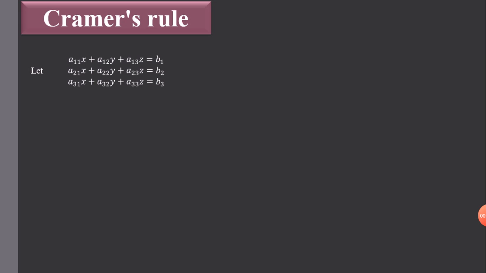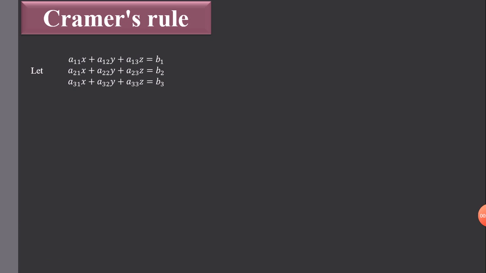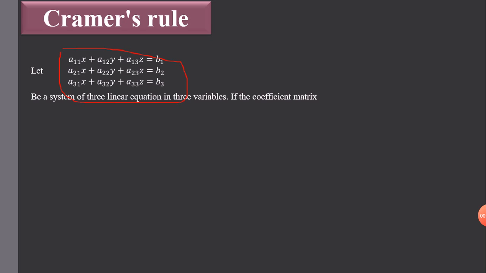If we let this system of linear equations be a system of three linear equations in three variables, and we have the coefficient matrix A, we are just getting the coefficients of these variables.